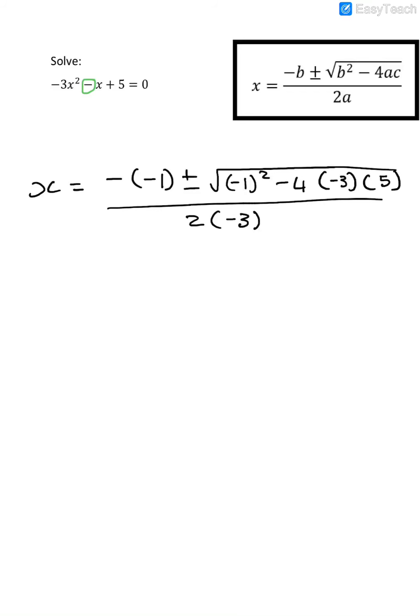And you then type this into your calculator as we've done before to get the following two answers.